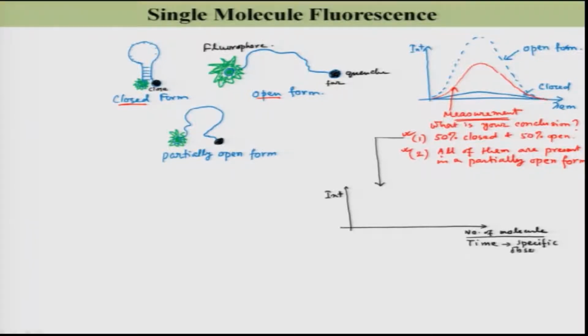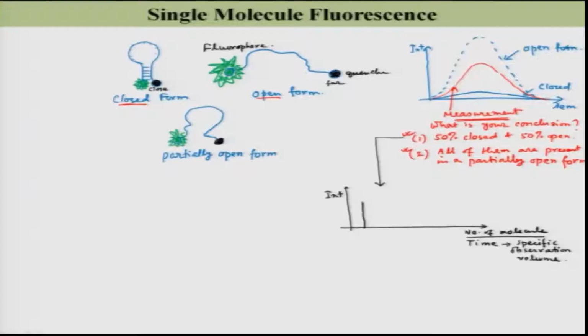So, here I can refer to this as time, for a specific observation volume. In this case, if it is case 1, you will see the fluorescence intensity is probably 0, because none of the molecules are present inside this observation volume. Then the fluorescence intensity will increase, and then decrease again. Then probably another molecule will enter, and the fluorescence intensity increases.